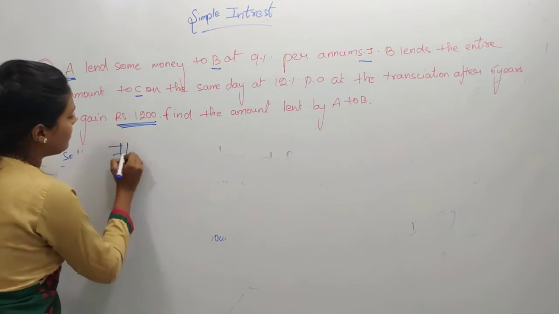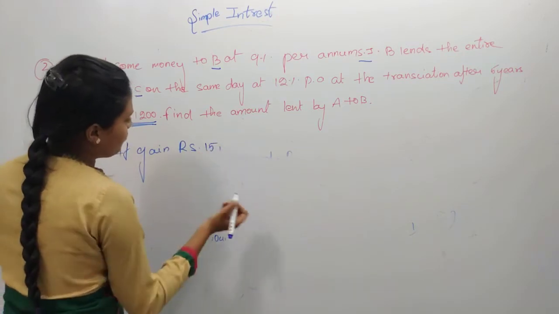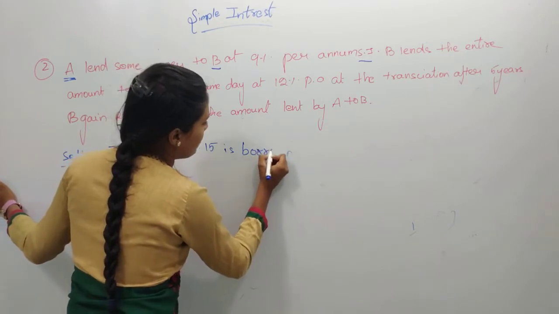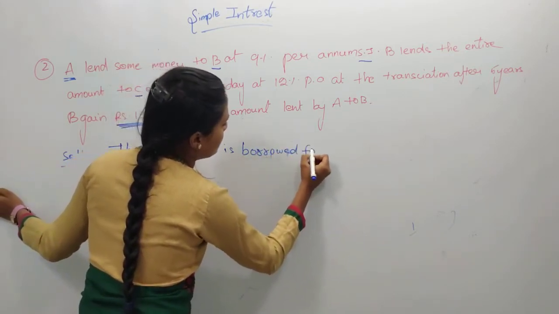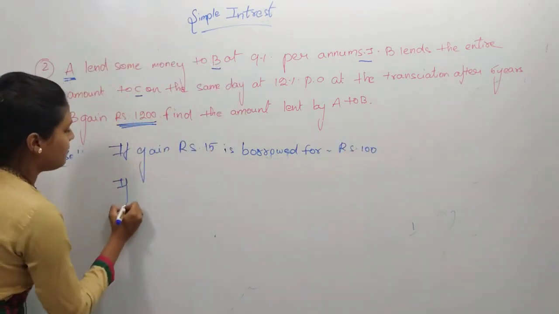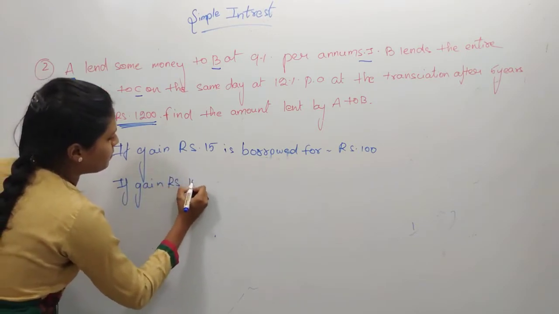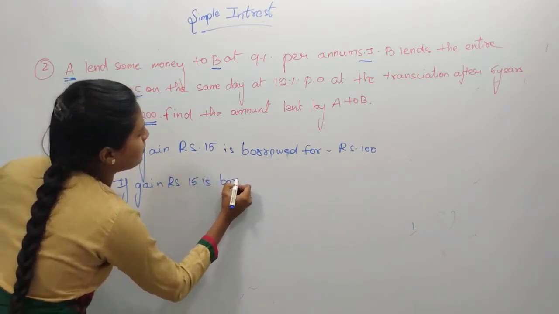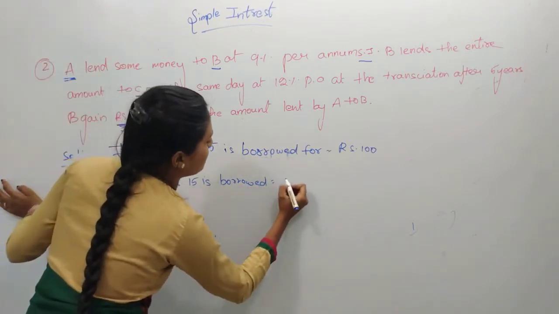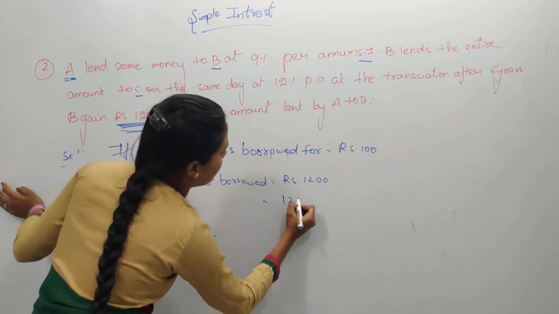If gain rupees 15 is when the borrowed sum is rupees 100, then if the gain is rupees 1200, the borrowed sum will be how much? How can we solve it?